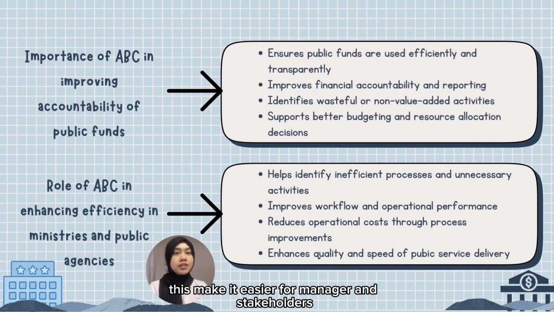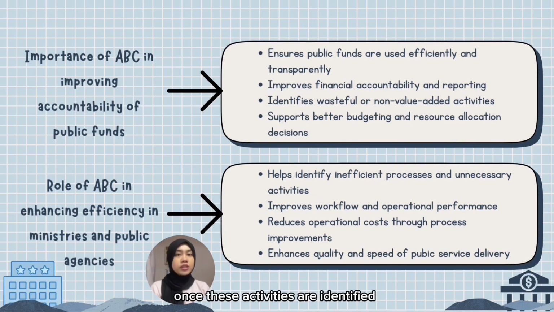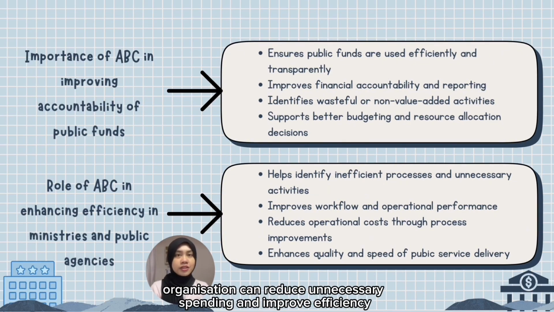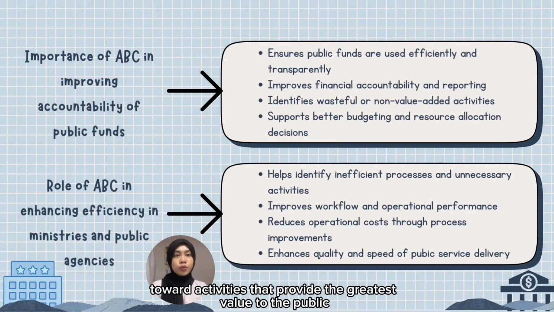This makes it easier for managers and stakeholders to evaluate whether resources are being used effectively. In addition, ABC helps identify wasteful or non-value-added activities. Once these activities are identified, organizations can reduce unnecessary spending and improve efficiency. Finally, ABC supports better budgeting and resource allocation decisions by ensuring that funds are directed toward activities that provide the greatest value to the public.